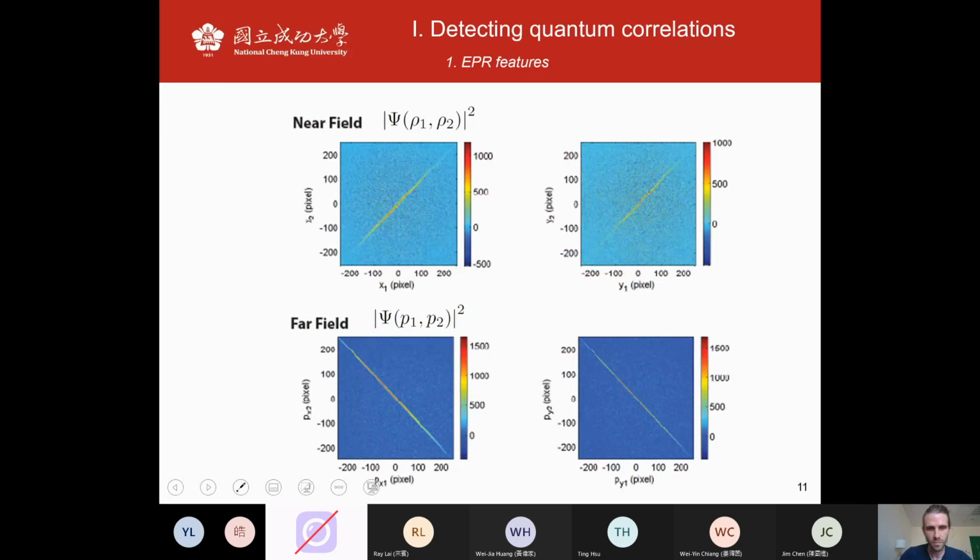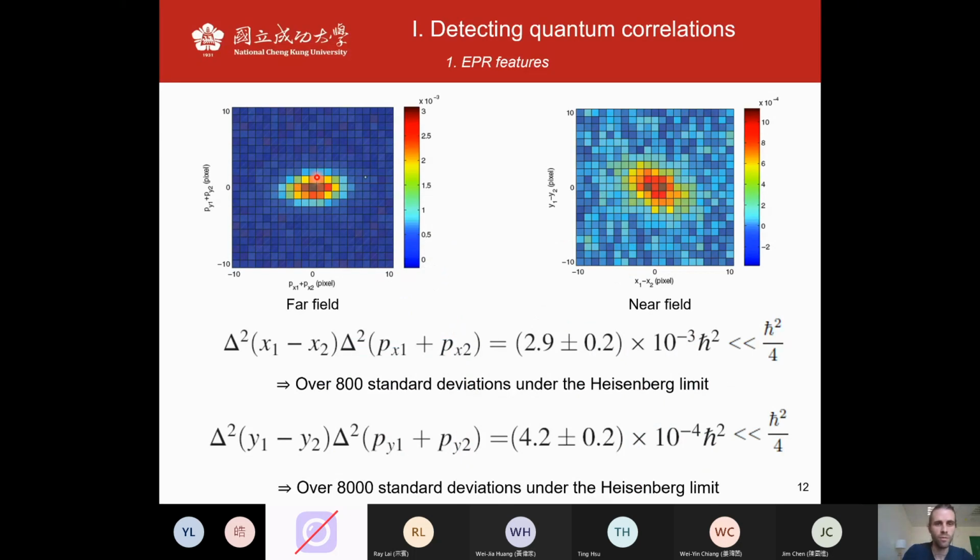This type of correlation peak is where we can evaluate the width, so those two variances in both X and Y dimensions. And we can basically test this variance product to see if we've got EPR entanglement within those images.